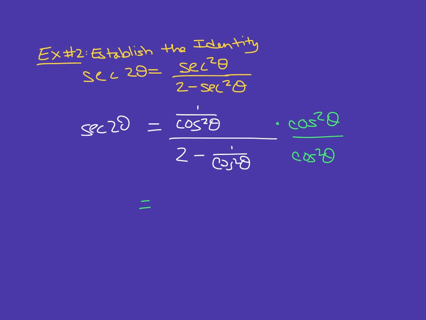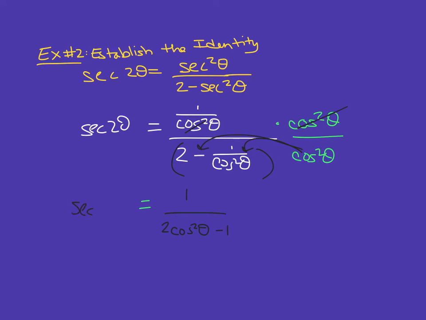The reason I'm going to do that is because in my numerator, my cosines are going to cancel out, and I'm just left with 1. In my denominator, I do have a little bit more. I have to distribute that cosine squared theta. So I end up getting 2 cosine squared theta minus 1.